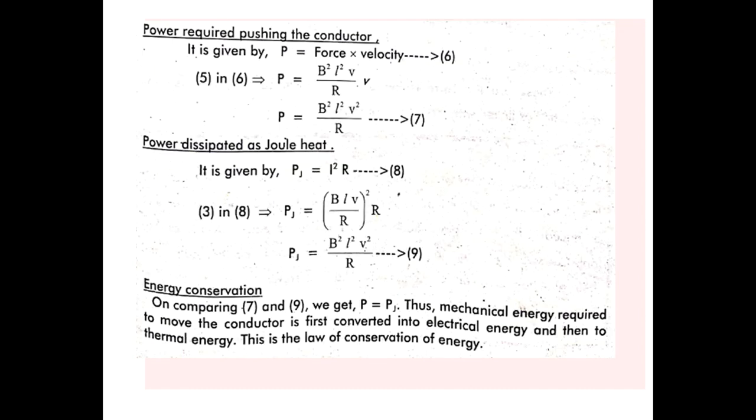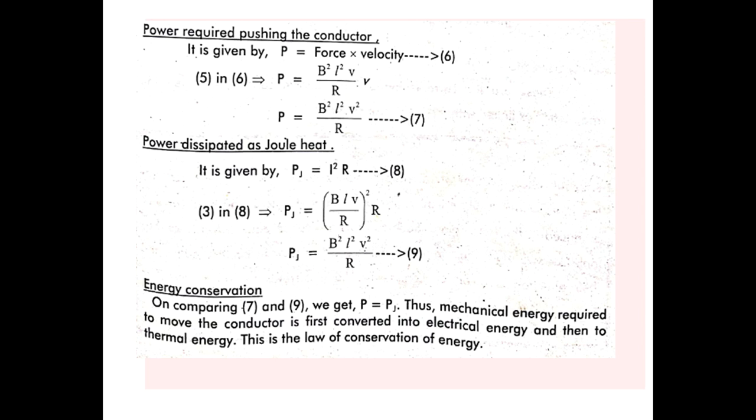The power required to push the conductor is P = B²L²V²/R. And the power dissipated as Joule heat is PJ = B²L²V²/R. This is what we studied, and it obeys the law of conservation of energy.